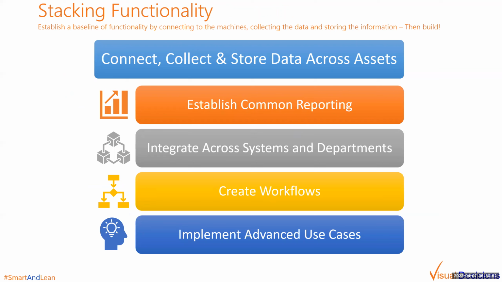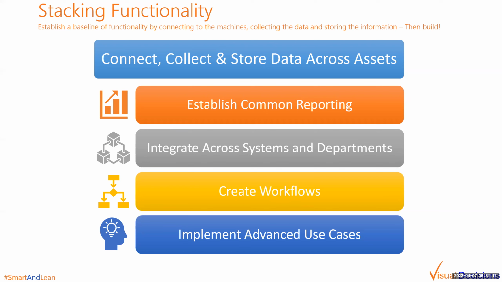When implementing Smart Factory, the goal should be to create an initial baseline of functionality where the systems are connecting to the machines, collecting the data, and storing the information. From there, a near infinite number of capabilities can be layered on top to transform the factory. These can be thought of as layered sprints, adding additional functionality 1 piece at a time.